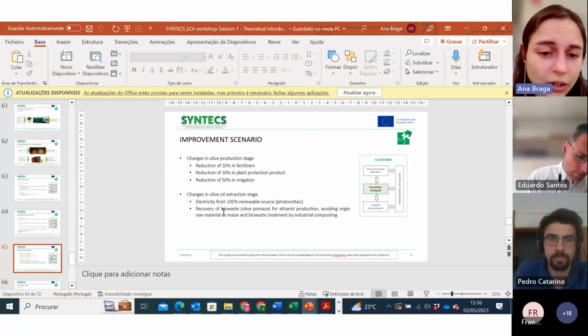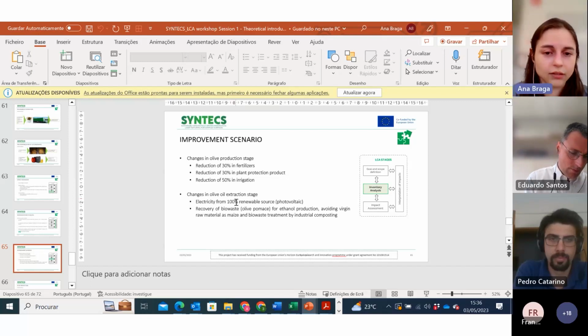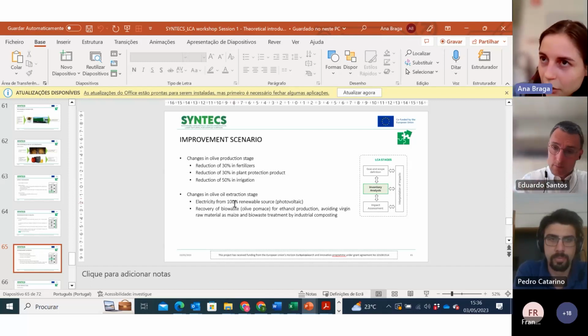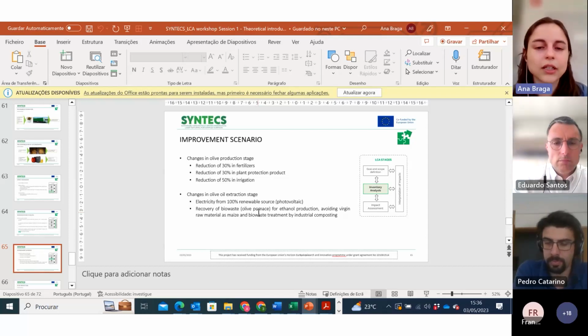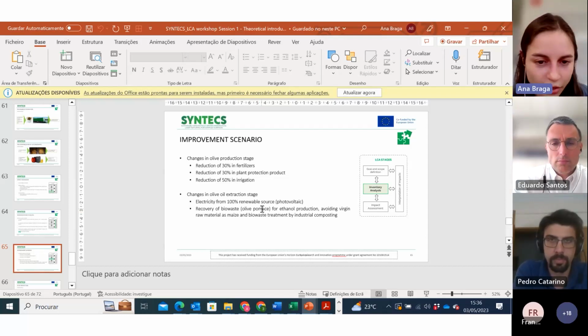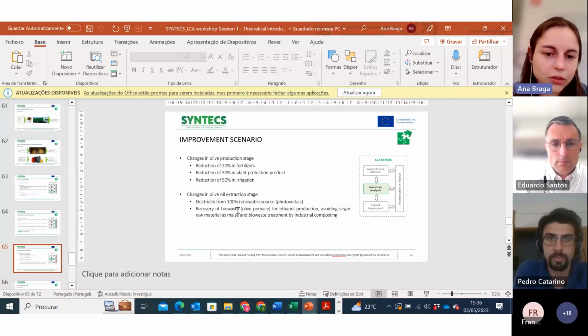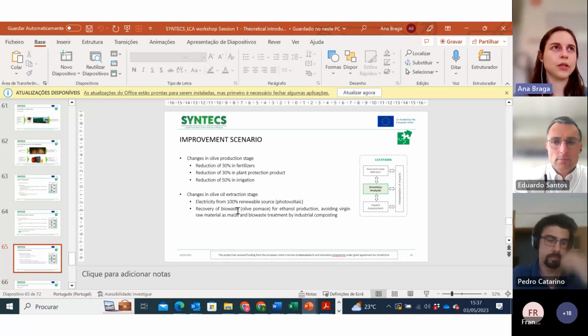And then in the olive oil extraction stage, we can change, instead of a conventional mix, 100% renewable sources, in this case photovoltaic, because it will be in the south, so it will be very sunny, very hot, to be efficient. And also the bio-waste, we will not send to treatment, we will recover it and move 100% for ethanol production. What does this mean?